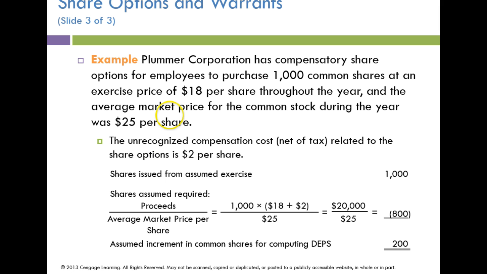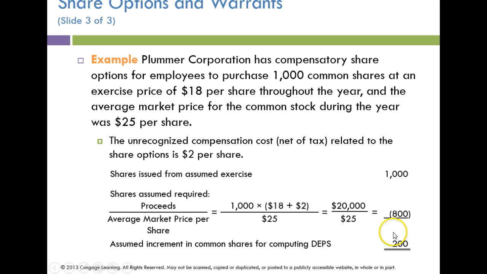So we've got 1,000 shares issued from exercising, and we determine the proceeds by taking the 1,000 and multiplying it times the $2 it's going to cost plus the cost they have to exercise it at, and divide that by the market price. So in doing that, we're going to take our 20,000 divided by $25, which is the market price, and come up with a reduction of 800 shares.